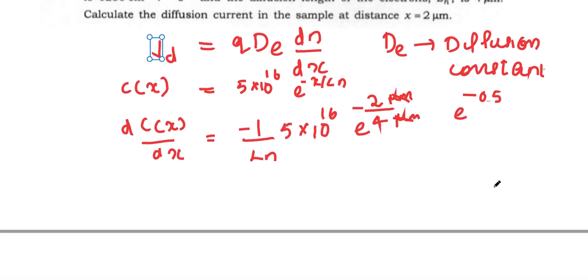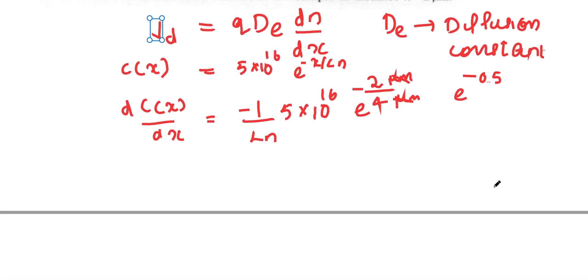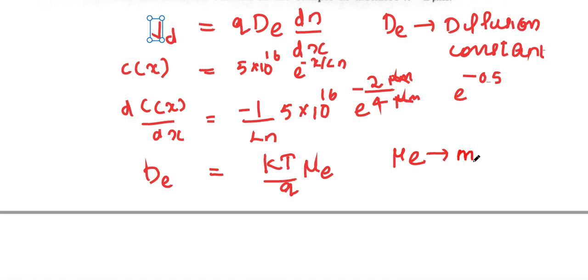Now see this, we are not given the diffusion constant. So the diffusion constant D_e is given by Einstein's relation, which is equal to kT by q times mu_e, where mu_e is the mobility of electrons. K is the Boltzmann constant, T is temperature, q is the charge.